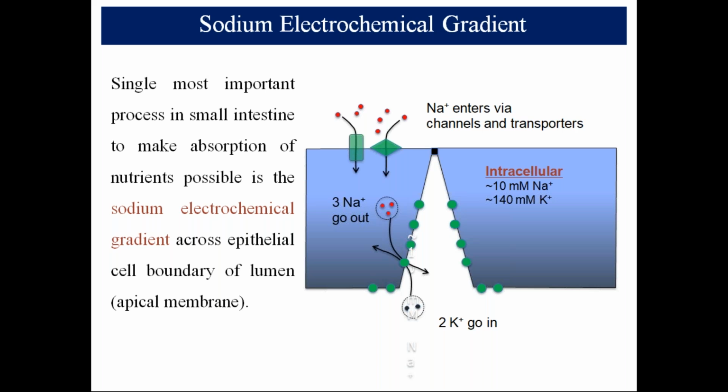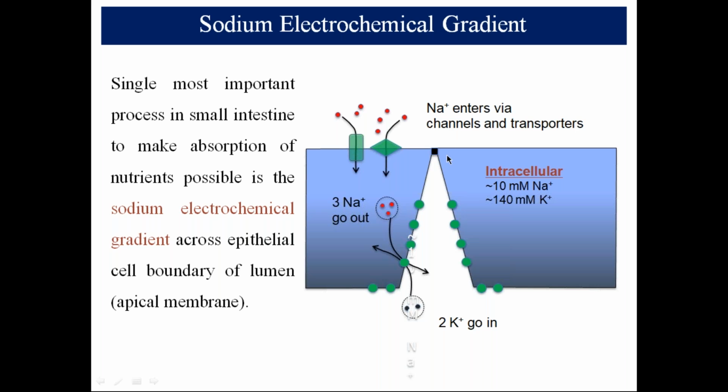And thirdly, it is because of the operation of the sodium potassium ATPase pump, right? This pump is extruding out 3 sodium ions for each of the 2 potassium ions which come inside. So you can see a negativity is created. The interior of the cell is negative and the intracellular sodium ion is also less. So there is an electrochemical gradient for sodium ion which exists, right?